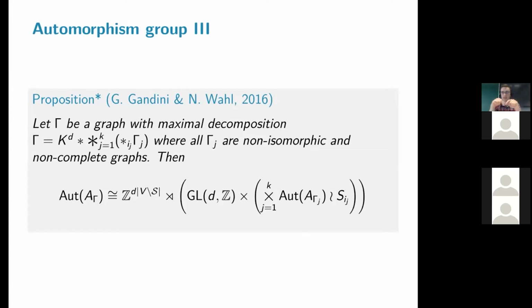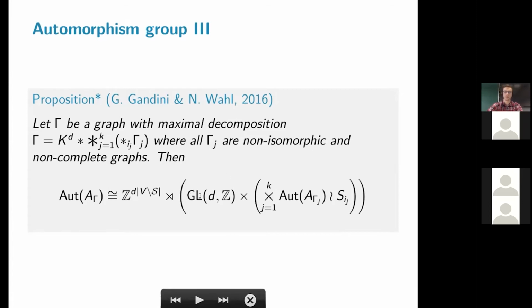There is no mixing of 2 isomorphic copies. So if you have 2, they are either swapped or mapped to themselves. It's not possible that, for instance, some vertex here is mapped to there and then vice versa, but the others are fixed. If there is a slight movement from one part to the other one, then it moves as a whole, and then the other one is put to there as well. So this explains the rightmost factor.